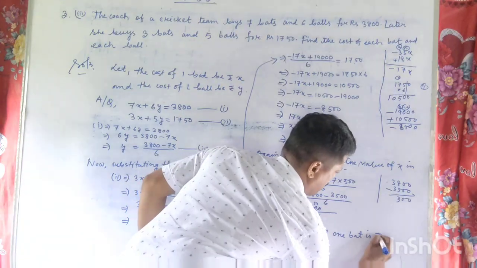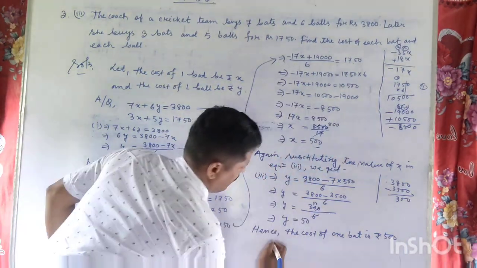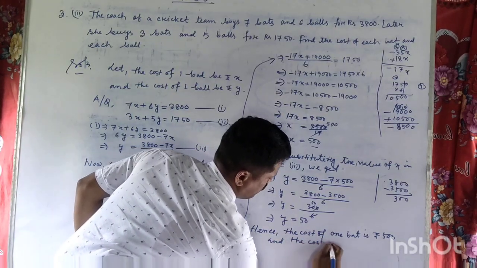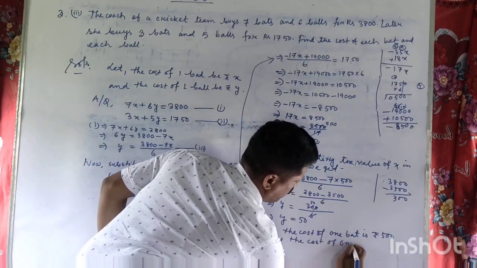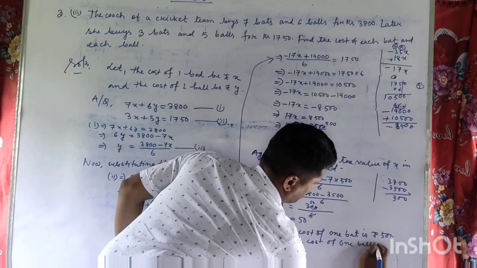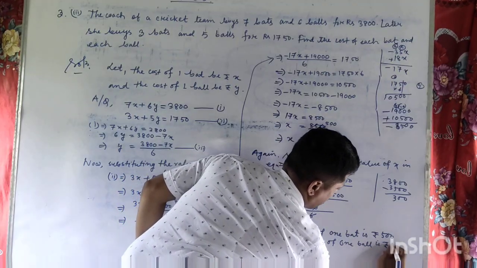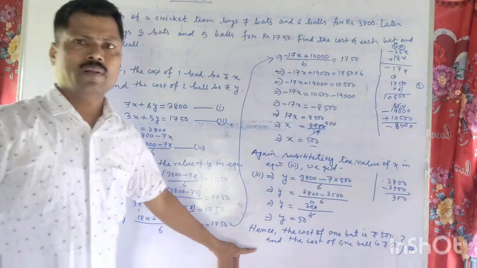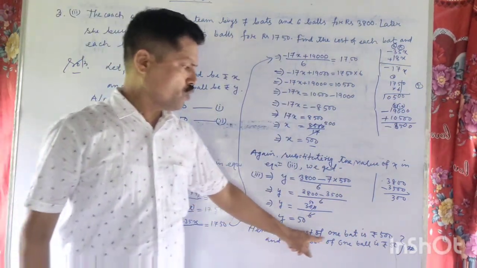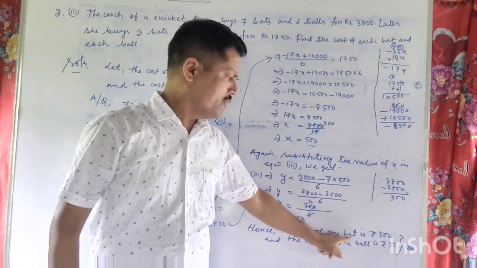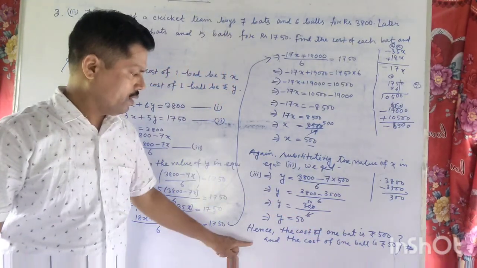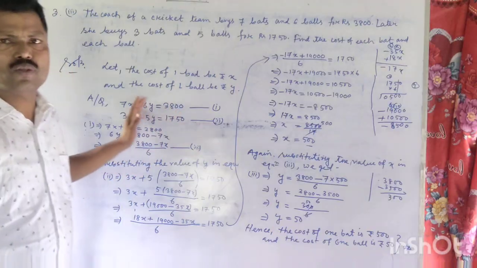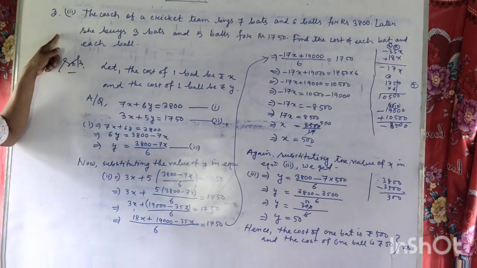Hence the cost of one bed is rupees 500 and the cost of one ball is rupees 50. So we have completely solved this question number 3.